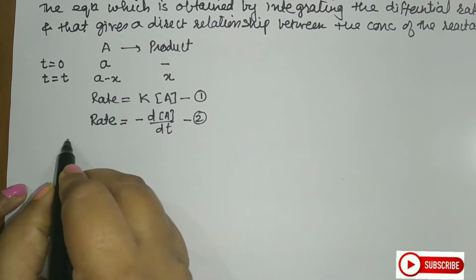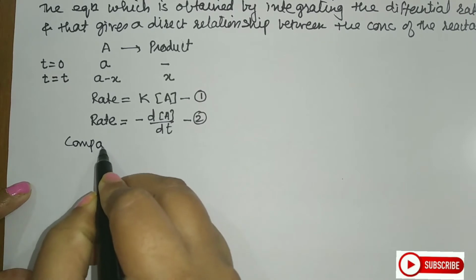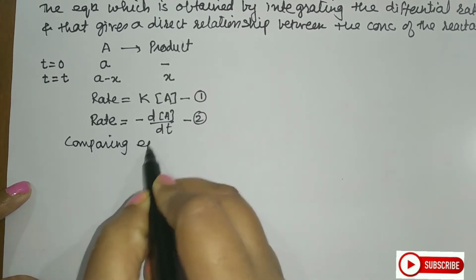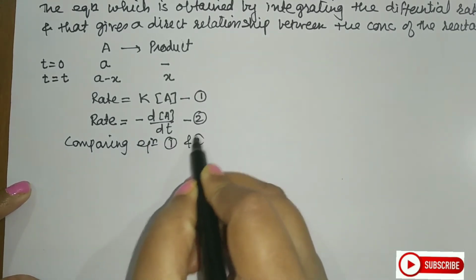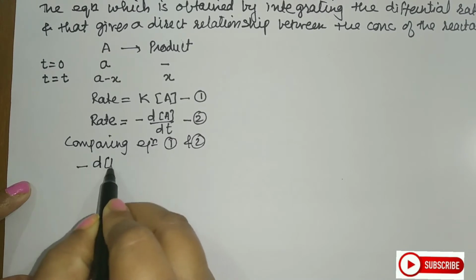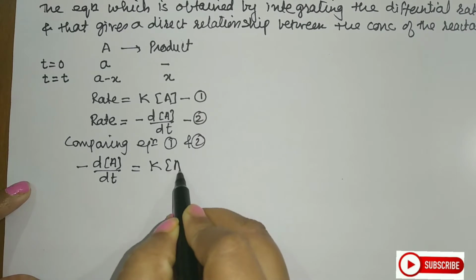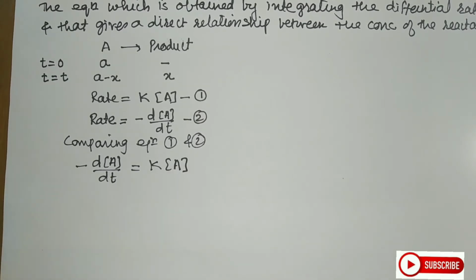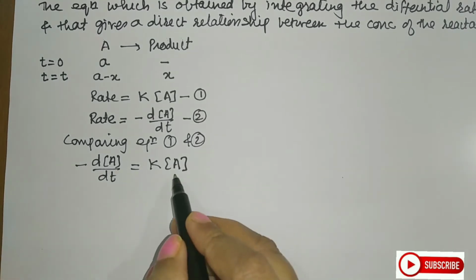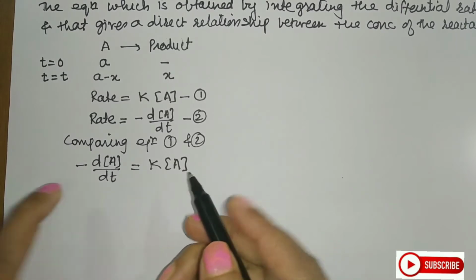So let us write, comparing equation 1 and 2, minus dA by dt is equal to k concentration of A. Now students, this A, if I rearrange to this side, what I will get?